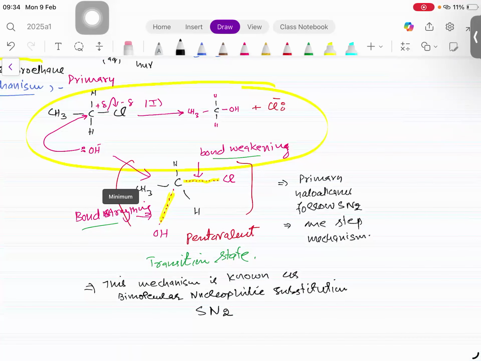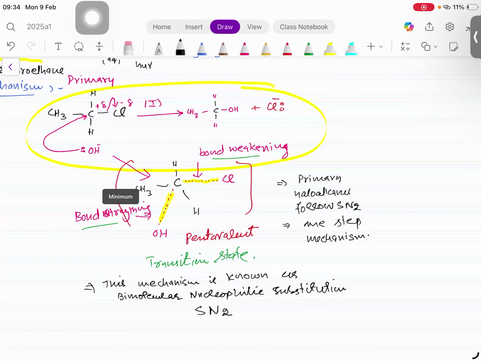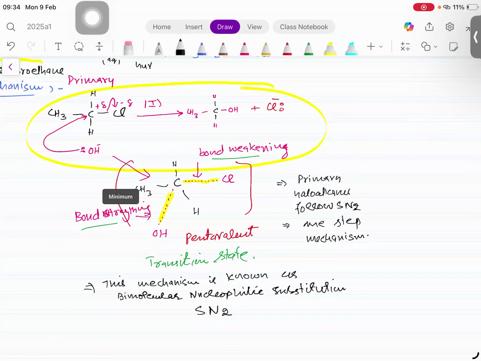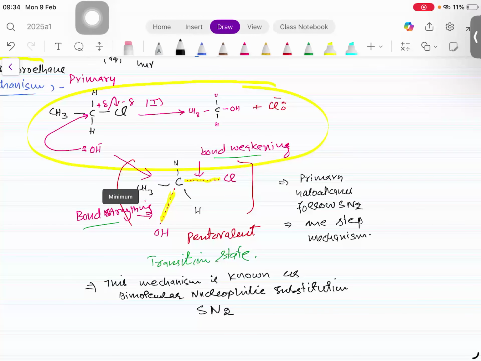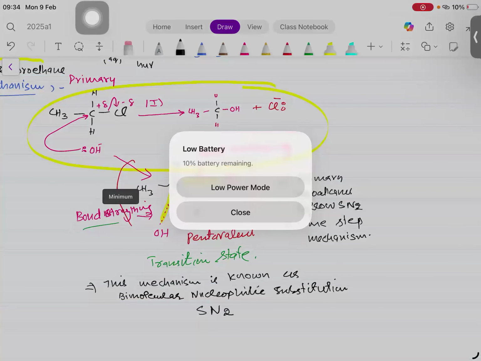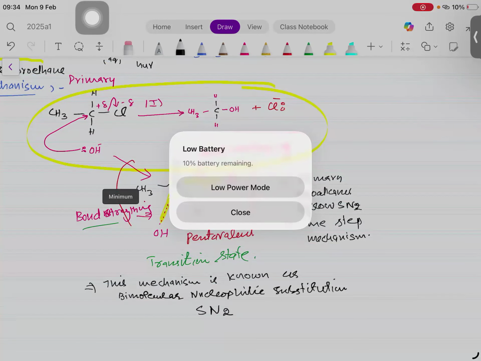So in SN1, when the leaving group leaves, the incoming OH negative is always ready to come in. So it depends only on the concentration of haloalkane, because they have to leave their Cl.